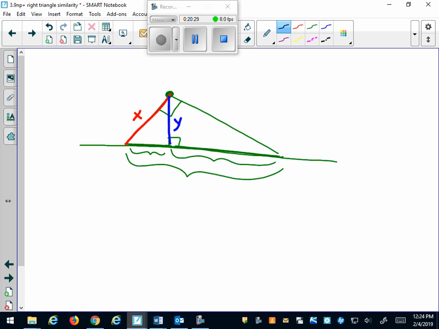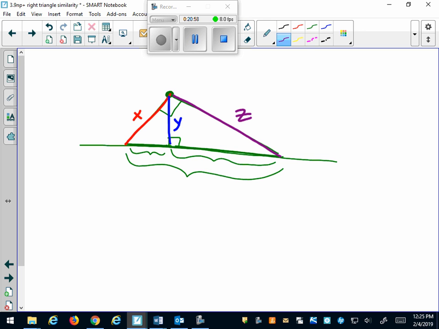And this one is the geometric mean of two of those parts. So again, if you turn your paper so that the original right triangle's at the top, then think of these as the three segments that are kind of shooting down from that right triangle. They shoot down and they connect with that opposite side.